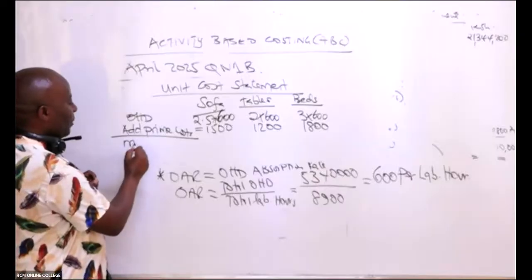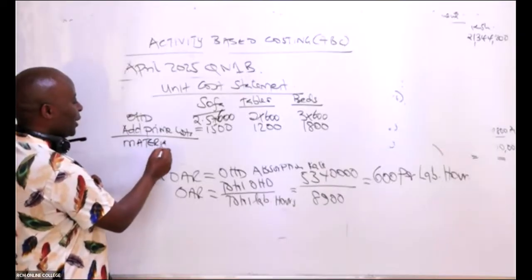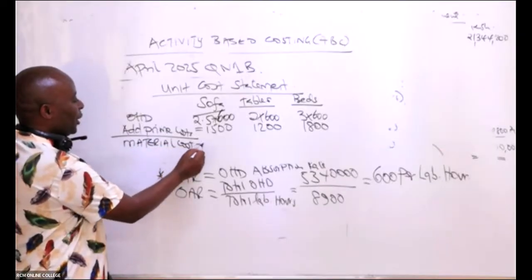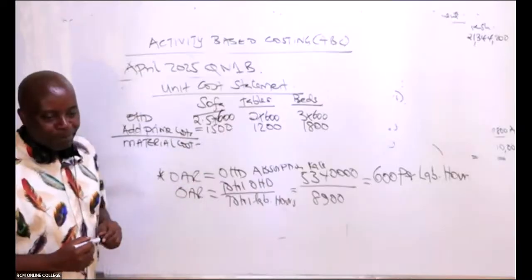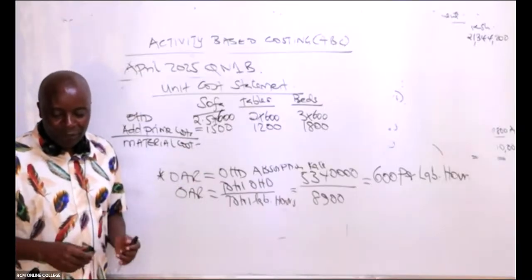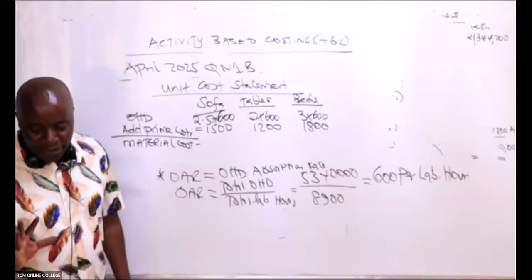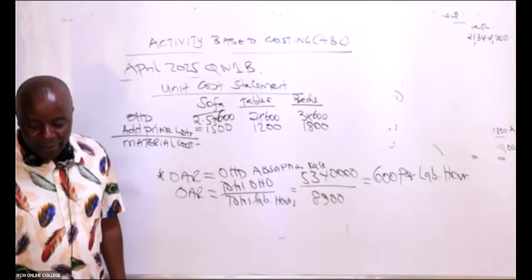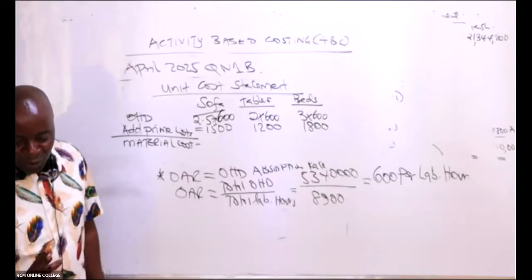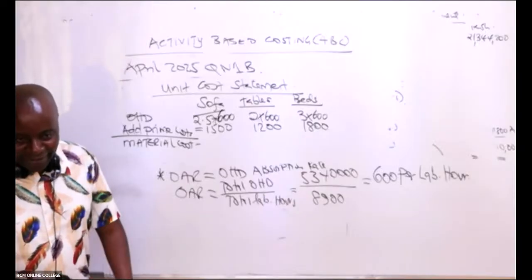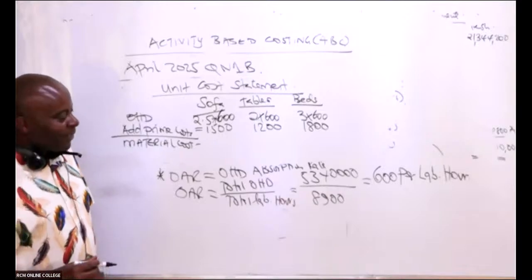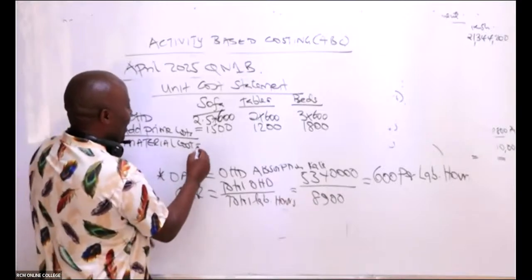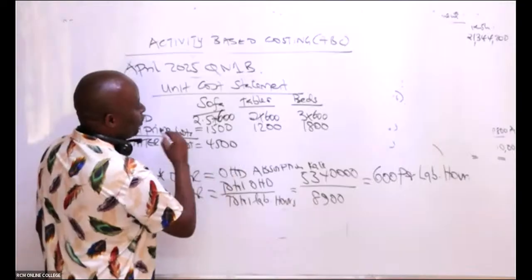Are you able to see the material cost per unit? Please give me the figures. The online guys should also be able to talk to me. According to Jennifer, material cost per unit for sofa is 4,500. So the leathers, etc. Here we need 4,500 in terms of materials.